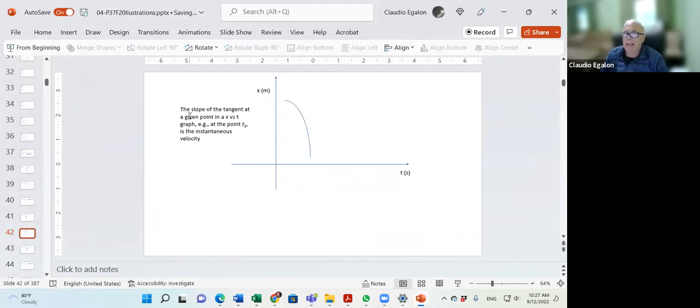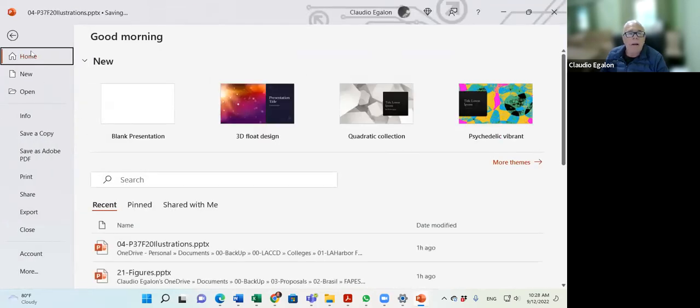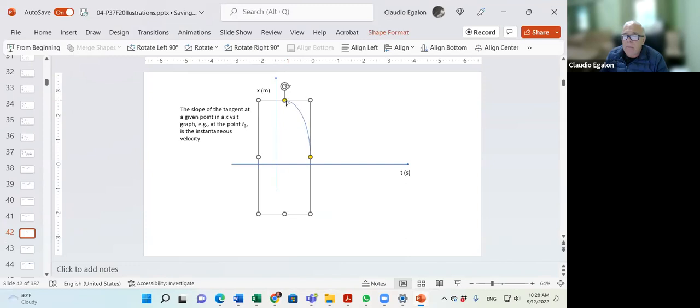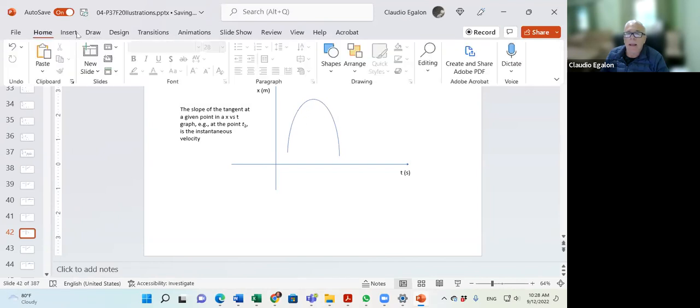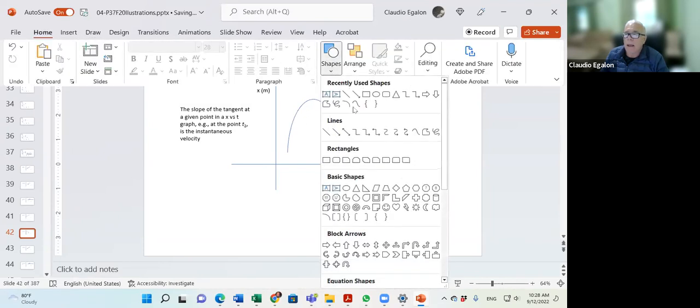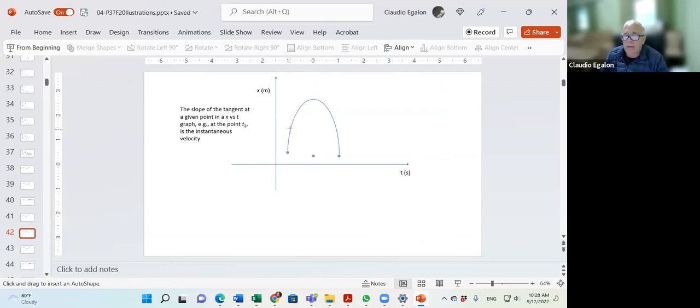In this specific case, the instantaneous velocity at this point right in here is going to be the slope of this tangent to the graph.